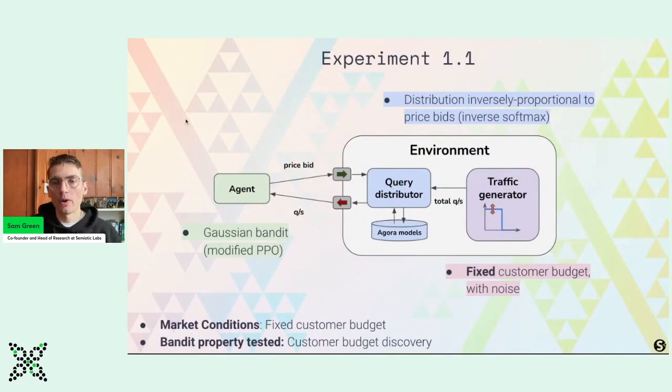Okay, I'm going to give you one of our experiments that we did during development. We had a single agent placing a bid. The bid went into the marketplace. The marketplace was receiving simulated GraphQL queries and simulated budgets from a simulated indexer.